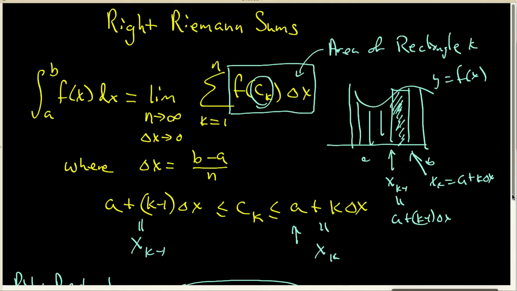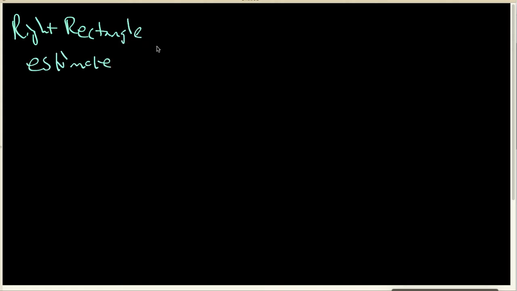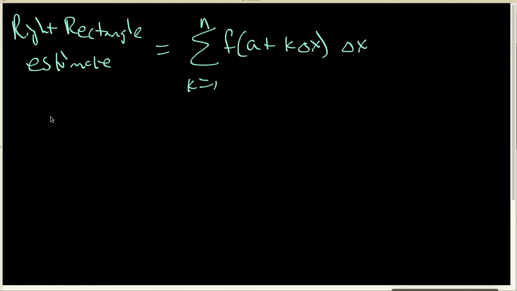And so what I get is the following. Our right rectangle estimate formula will always be the sum as k goes from 1 to n of f of ck, but f of ck now is f of a plus k times delta x, times delta x, where the delta x is nothing more than b minus a over n.